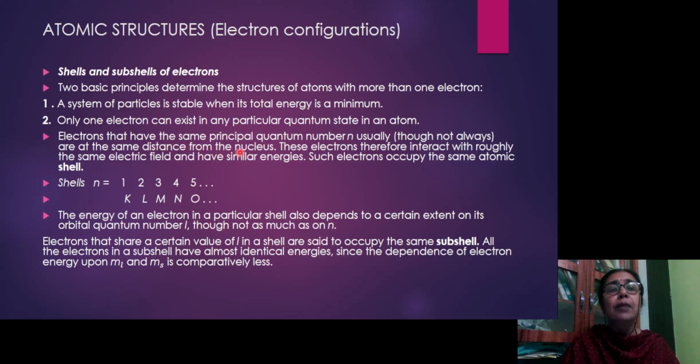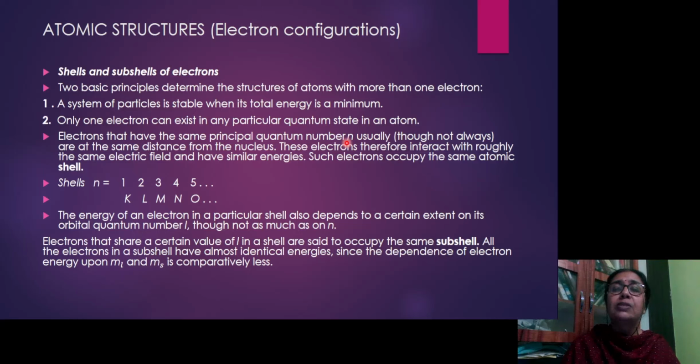Electrons that have same principal quantum number n, usually, though not always, are at the same distance from the nucleus. These electrons therefore interact with roughly the same electric field and have similar energies. Such electrons occupy the same atomic shell. So the principal quantum number n determines the Bohr radius according to the Bohr atom model.